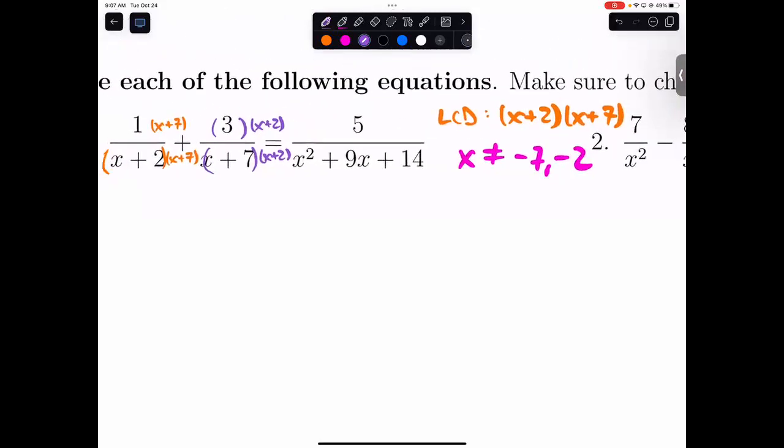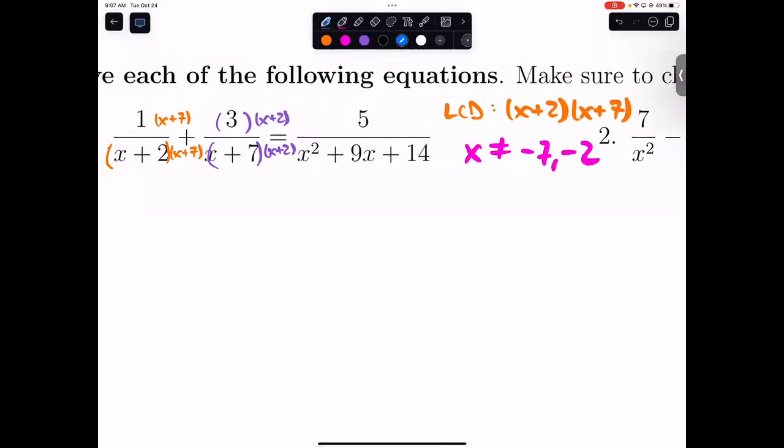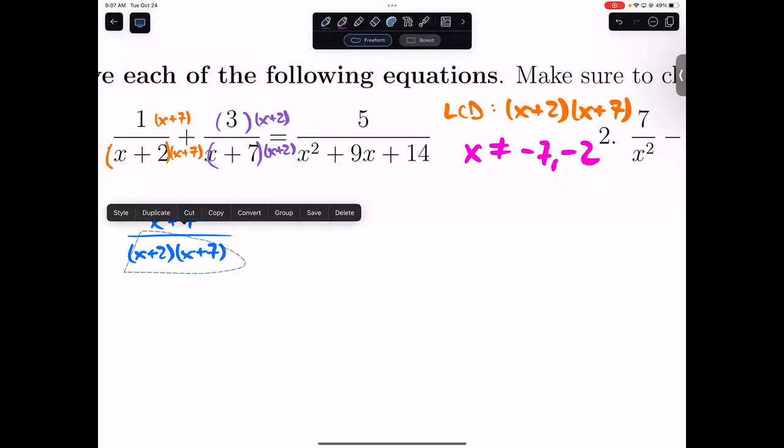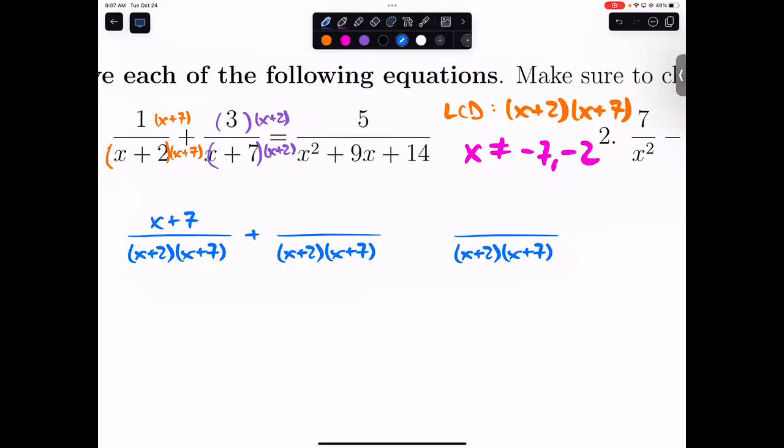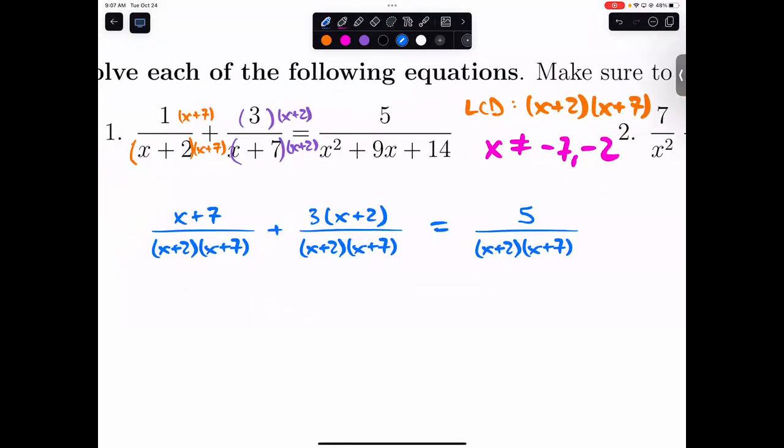We don't need to change anything there, right? So x plus 7 over x plus 2 times x plus 7. And 3 times x plus 2, again, over the LCD, equals 5 over our LCD.